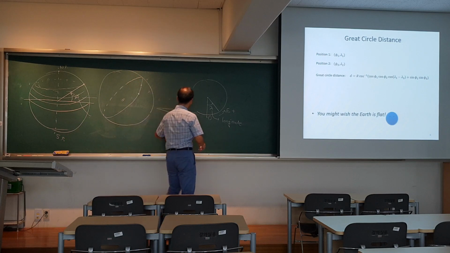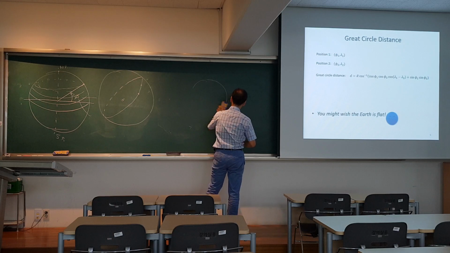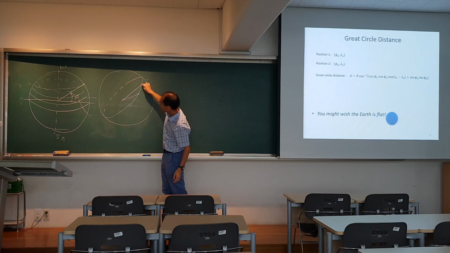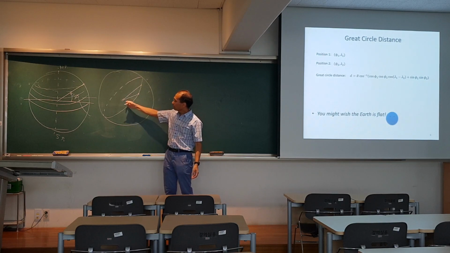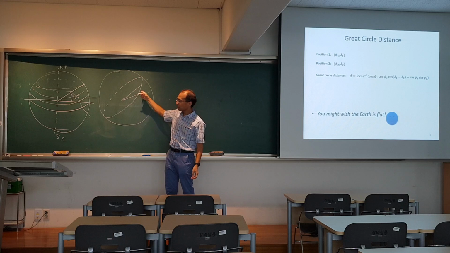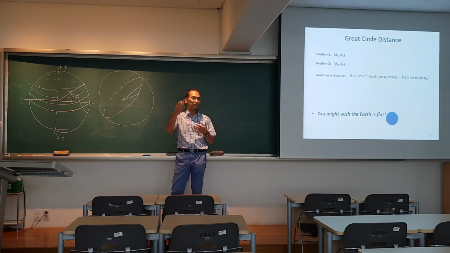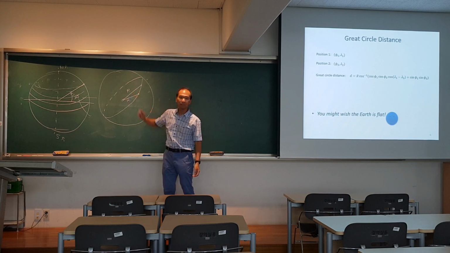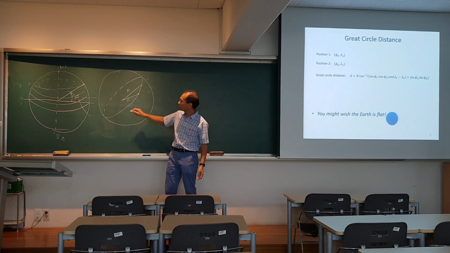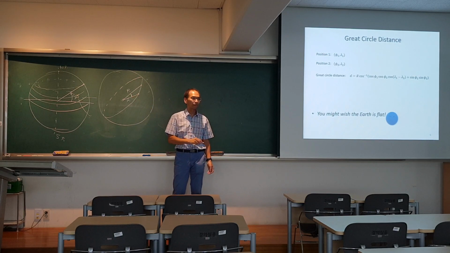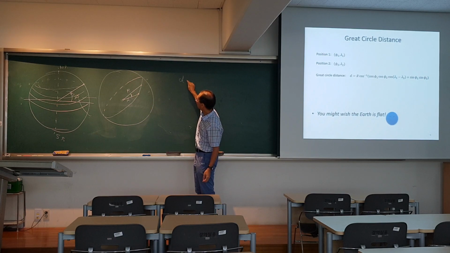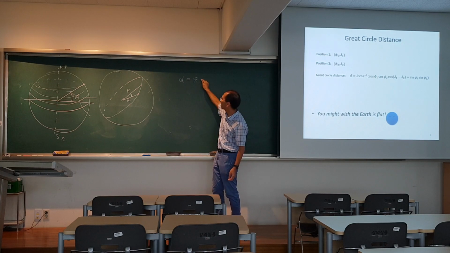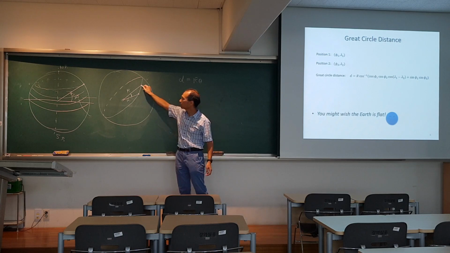Then if you connect to the center of the Earth, from the center of the Earth to any point on the surface, the distance is the same. It's going to be the radius of the Earth. So all that you need to find out is the angle between the 2 points. So the shortest distance is just the radius of the Earth multiplied by the angle between the 2 points.